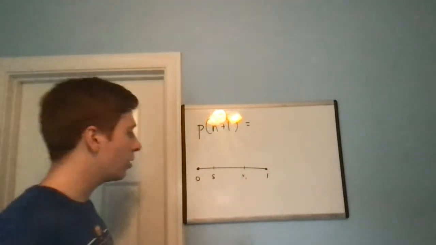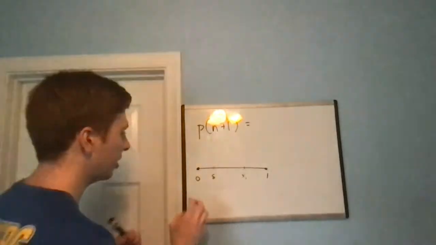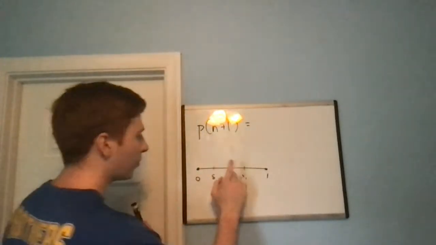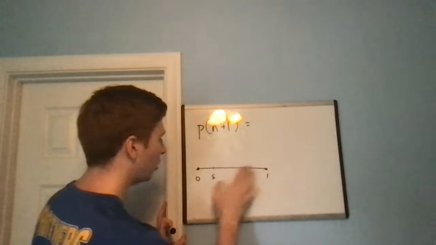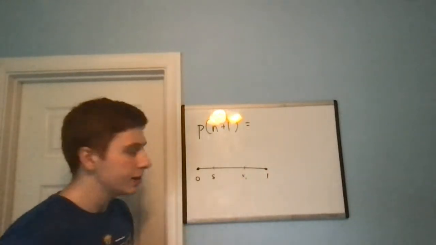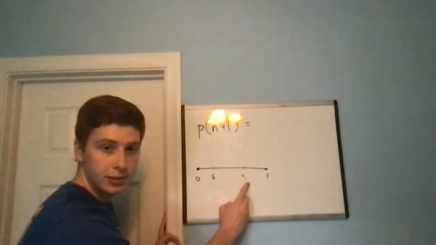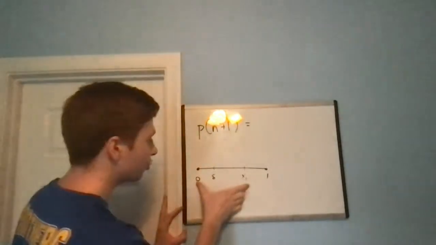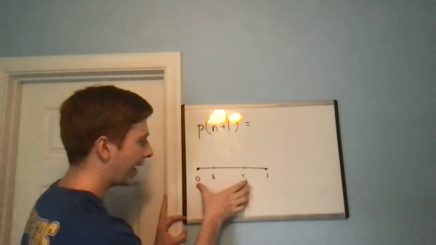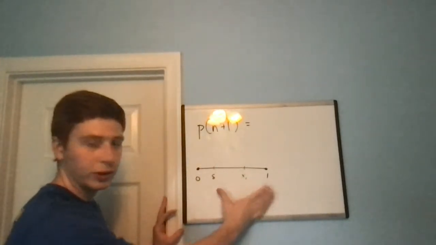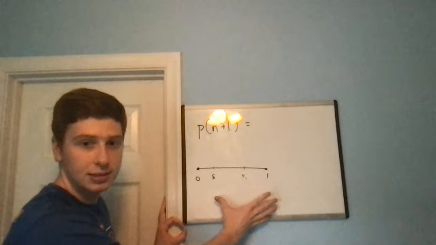The key thing is to realize that the probability that it takes n plus 1 moves to get less than delta is the same as the probability that it takes n moves after this point to get to delta. We can treat this interval as an entire interval of length 1. We can linearly scale this, and the process is the exact same.